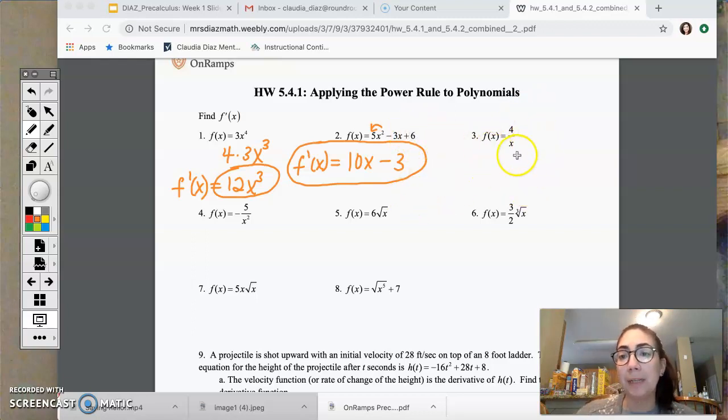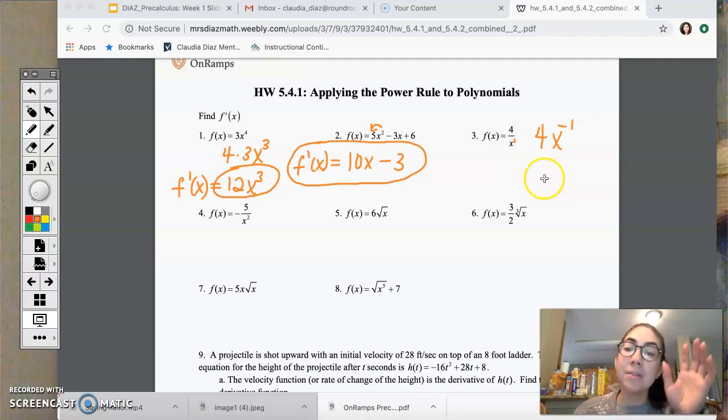If you look at number 3, I can bring x to the numerator. To do so, I would have to make x to the power of negative 1. You have to remember that right now it's x to the first, but it's in the denominator. And to bring it to the numerator, you have to make it a negative exponent.